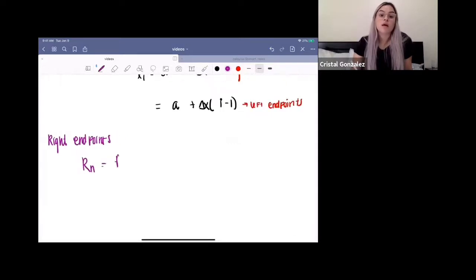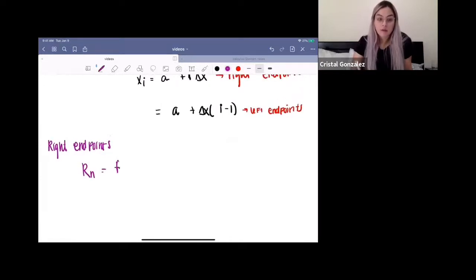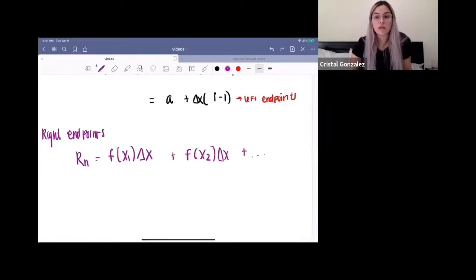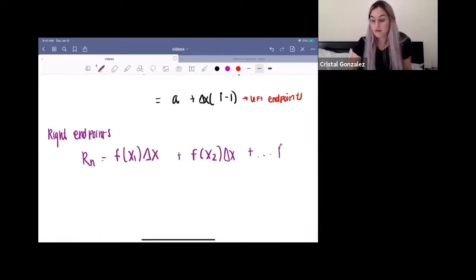So our right endpoints are going to equal f of x1 times delta x plus f of x2 times delta x plus dot dot dot f of xn delta x.